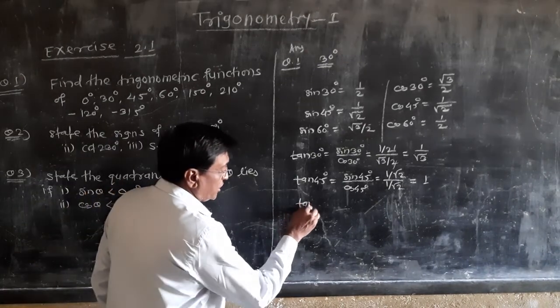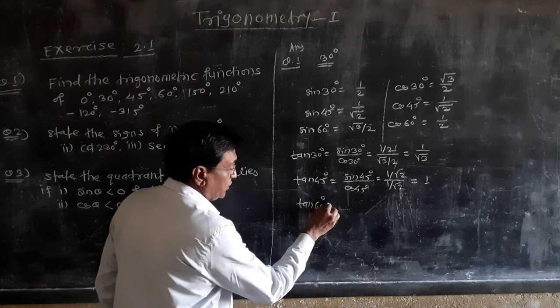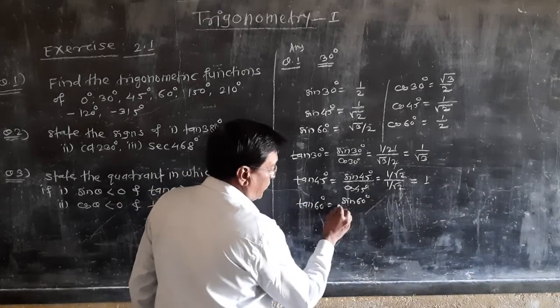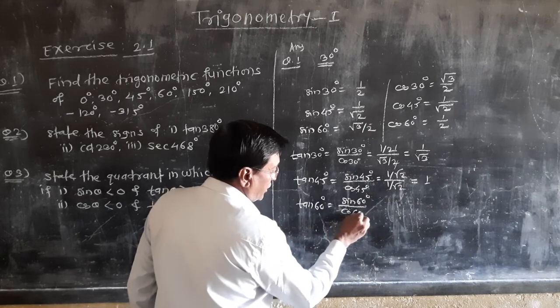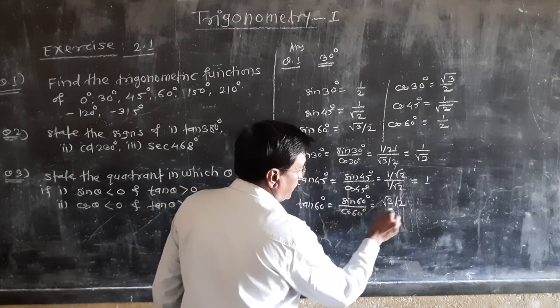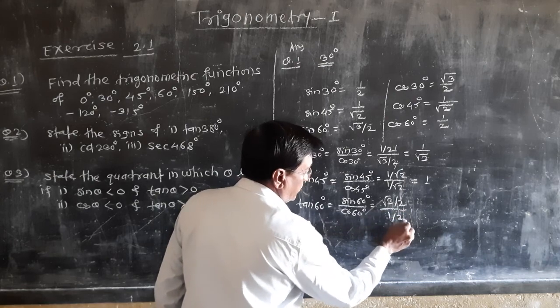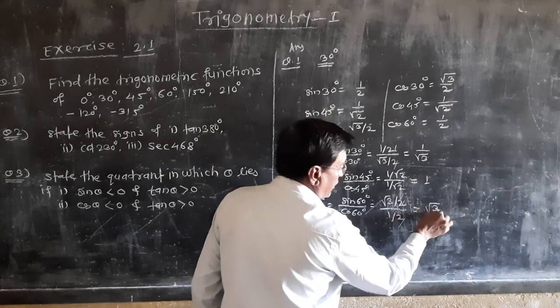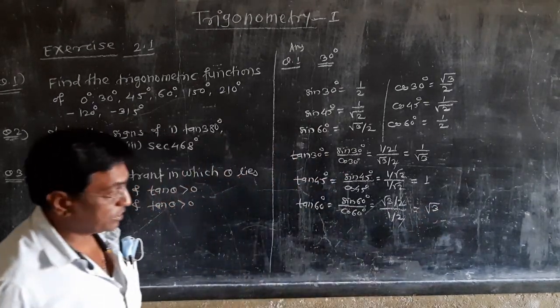Similarly, tan of 60 degree is equal to sine 60 degree upon cos of 60 degree. You know sine 60 degree is √3/2, and cos 60 degree is 1/2. By simplifying, 2 gets cancelled, it is simply √3, and therefore tan 60 is equal to √3.